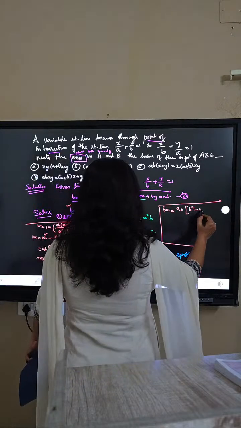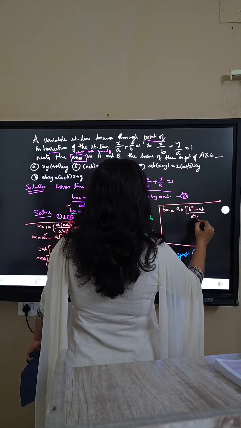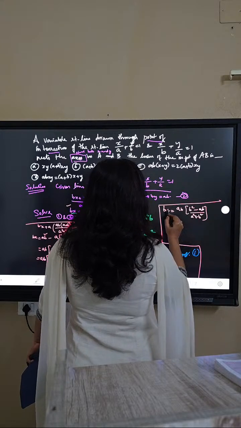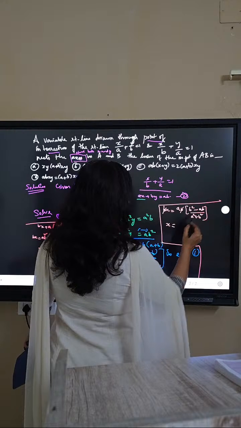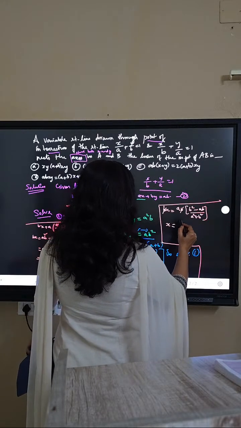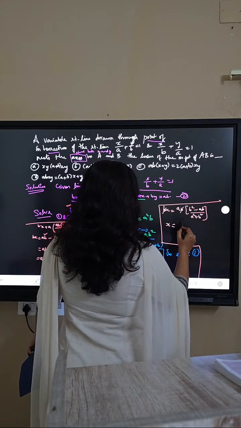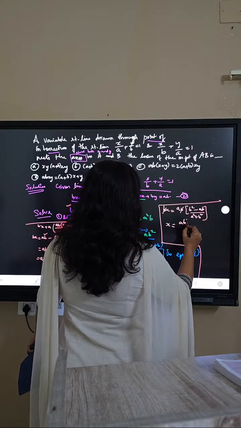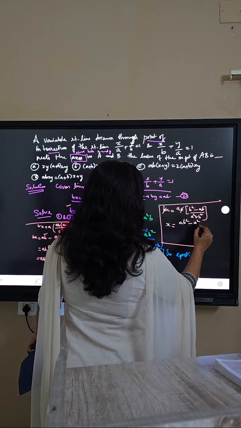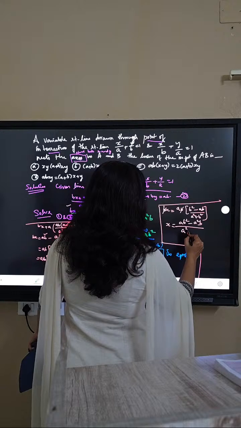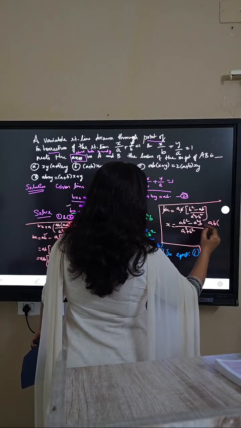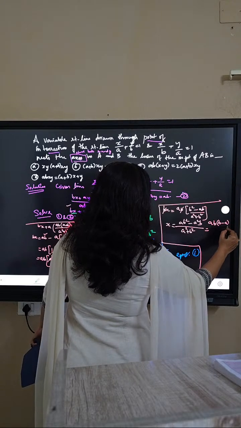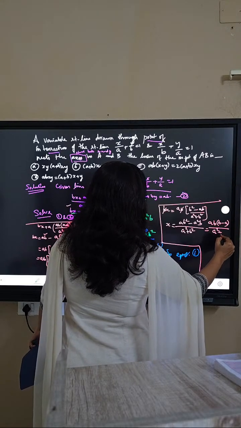So minus ab by a square plus b square. So this b and b gets cancelled, so ax is equal to this one. Okay, what is that? a b square minus a square b by a square plus b square. If you take ab outside, it will be (b minus a) by a square plus b square.